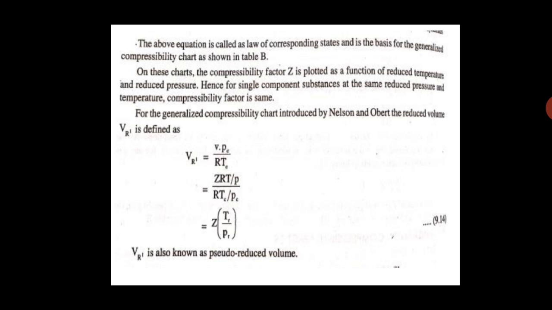Then suppose TR is 1.5, let this line intersect at TR equal to 1.5, and then draw the horizontal line. You will get Z equal to 0.8. So for a reduced pressure of 4 and reduced temperature of 1.5, you get the value of Z as 0.8. This is the law of corresponding states.